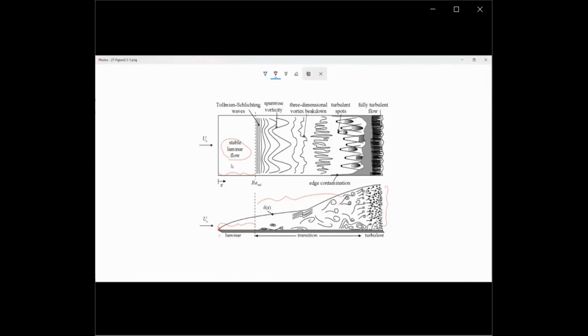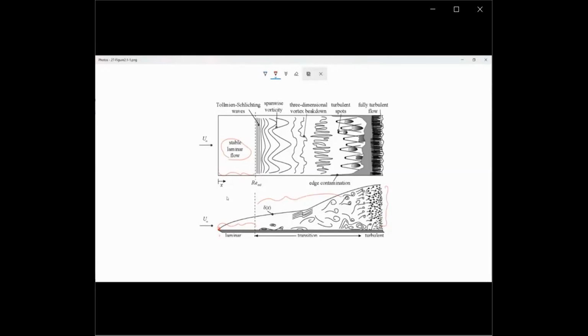The disturbance will not get amplified, and the flow will stay laminar. But if any disturbance it receives from any source, surface roughness or any external source, gets amplified, the flow goes into the transition process. It cannot stay stable in the laminar state anymore.